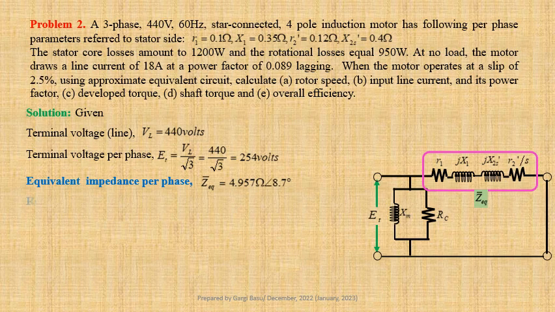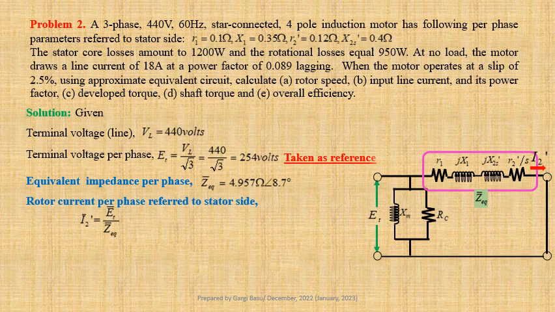Expression for rotor current per phase referred to stator side, I2 dash equals to Et divided by Zeq. Taking terminal voltage per phase Et as reference, we get I2 dash equals to 254 at an angle 0 degree divided by 4.957 at an angle 8.7 degree.